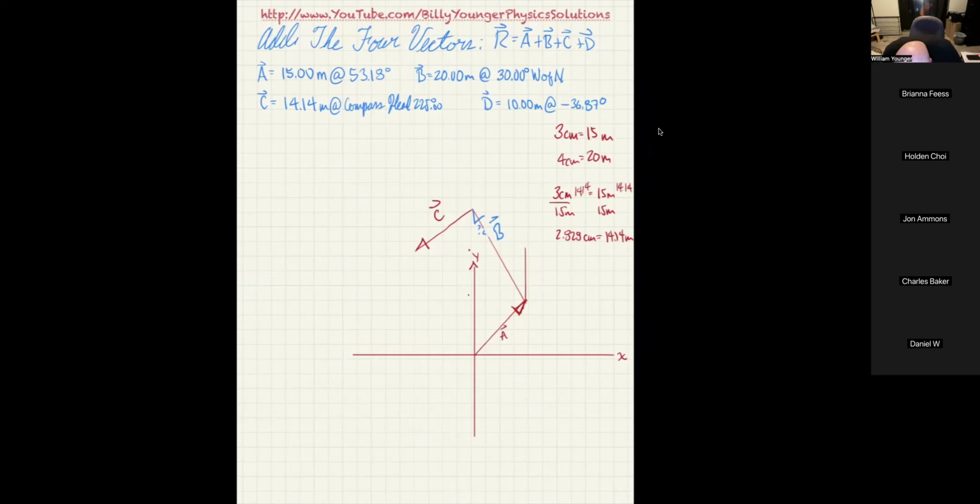So, locating the protractor at the center, at the actual head of the vector. And now I'm trying to go to 36.87 degrees downward from horizontal and to the right. So that's going to be roughly right there.